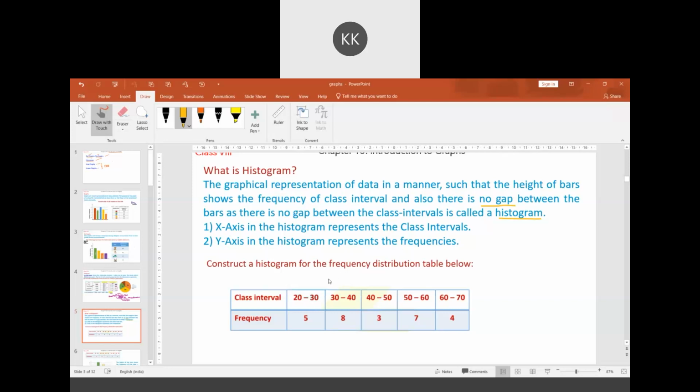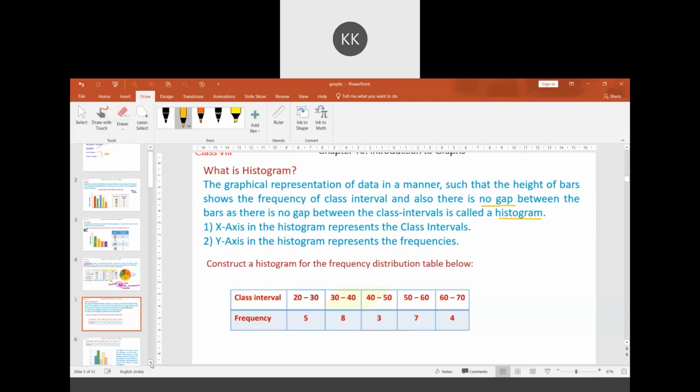Suppose there's a question to construct a histogram with this data: class intervals 20 to 30, 30 to 40, 40 to 50, 50 to 60, 60 to 70, and the frequencies given are 5, 8, 3, 7, and 4. How do we represent it using a graph?